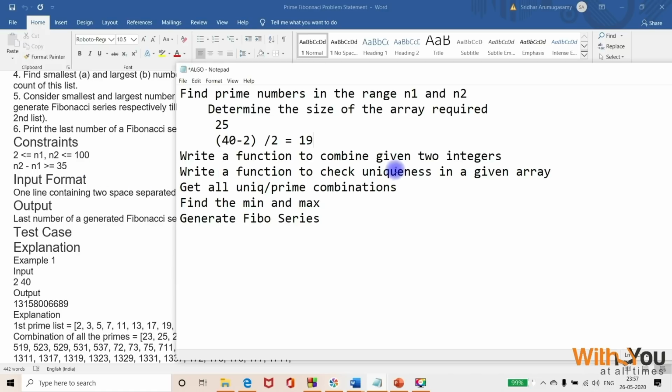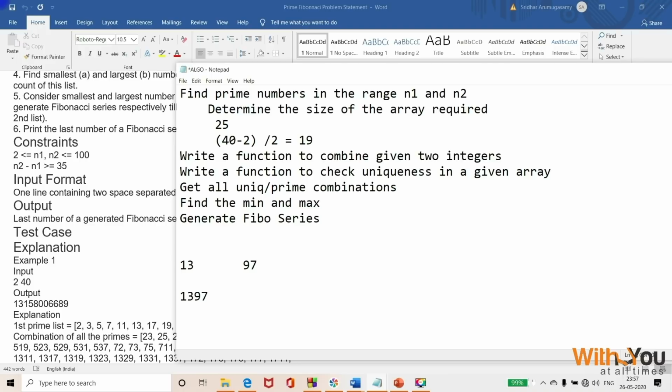Write a function to combine given two integers. How do we combine? That is a little tricky. Let's say we take a prime number 13 and another prime number, let me just take 97. If I combine this, it should become 1397.